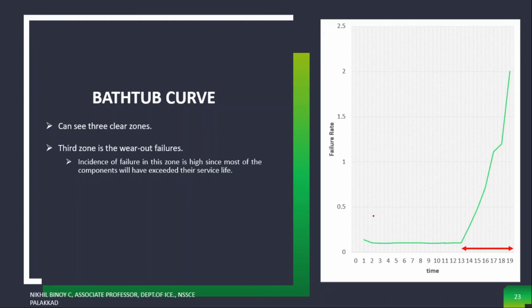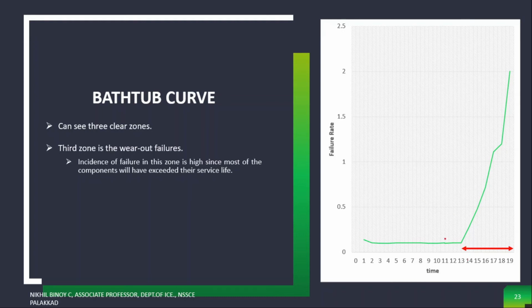Okay, so please note, if you take the graph of failure rate, it clearly shows three different zones. The first zone is known as infant failure or early failure zone. The second zone is known as the service failure zone, and the third zone is known as wear out failure.